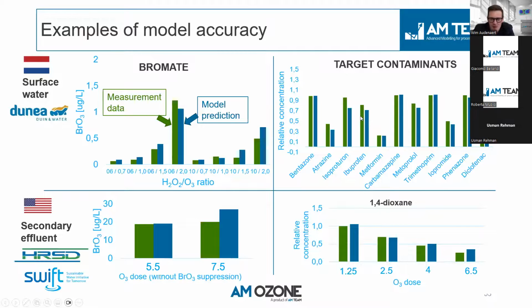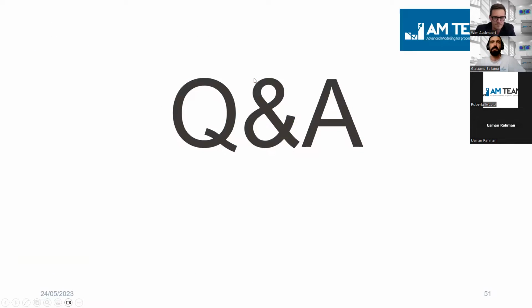So Giacomo, can you maybe elaborate a bit more on how we work now with calibration and validation in these projects? Yeah, that's a very good point indeed, because calibration and validation is something we take very seriously, especially when we do an initial assessment for a feasibility study.